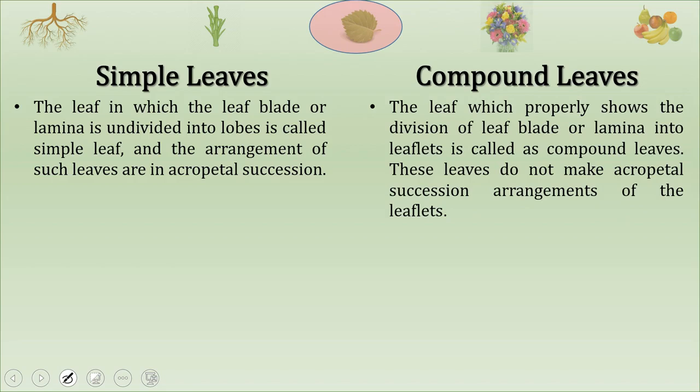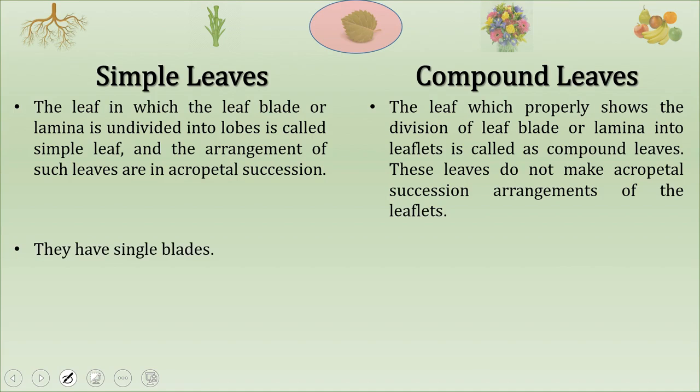And what are compound leaves? The leaf which properly shows the division of the leaf blade or lamina into leaflets is called a compound leaf. And here, children, these leaves do not make acropetal succession. That is the arrangement of the leaflets.